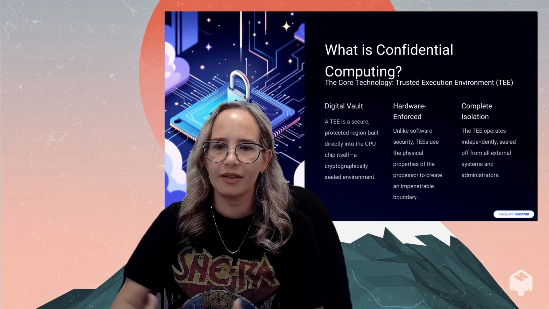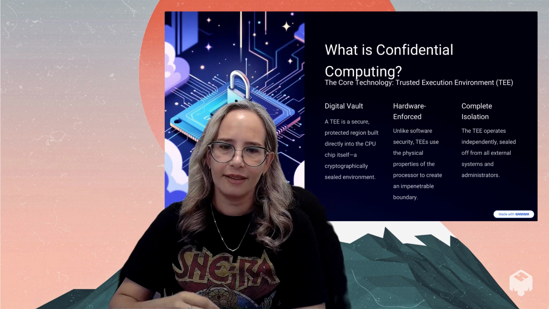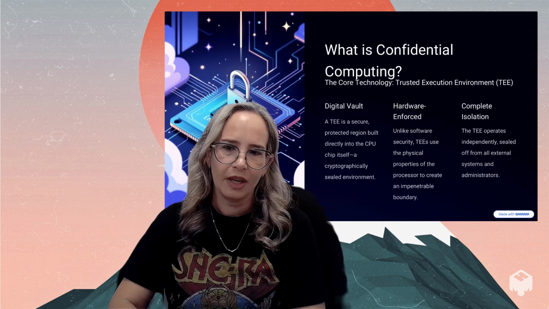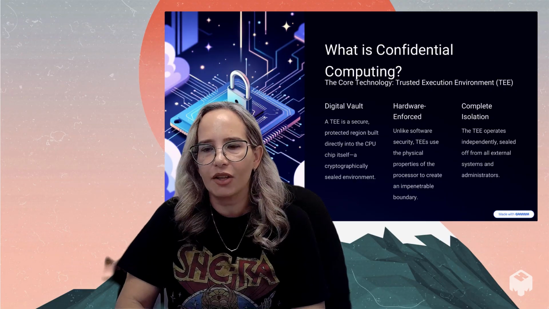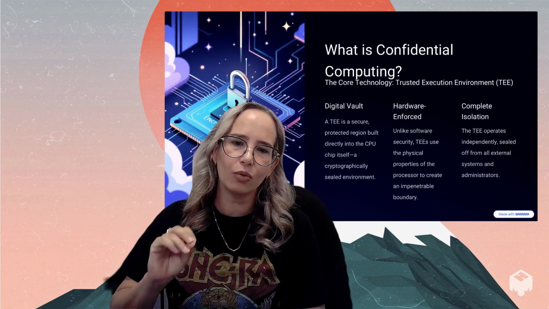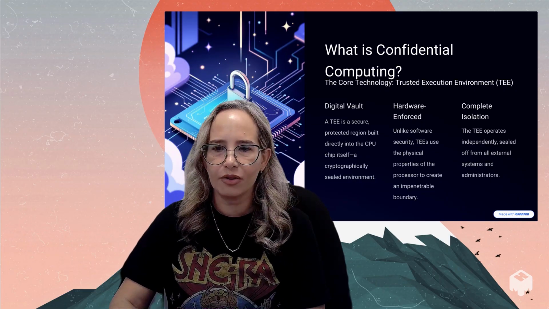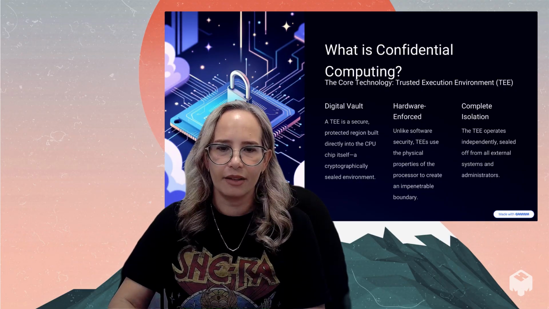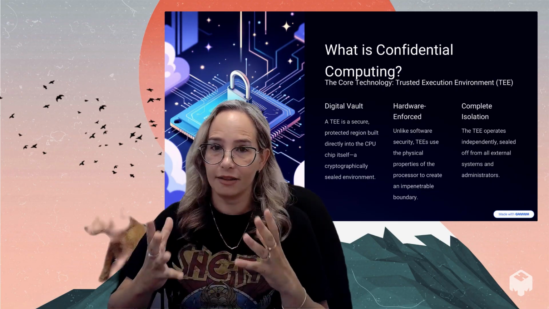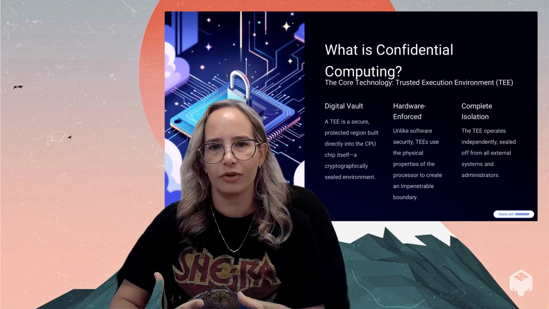CC is built on one piece of technology, the TEE, Trusted Execution Environment. You can think of it like a secure digital vault that is built right into your CPU chip itself. It helps the processor and the memory to cryptographically seal off that data so we can use it, but also trust that it is well protected.